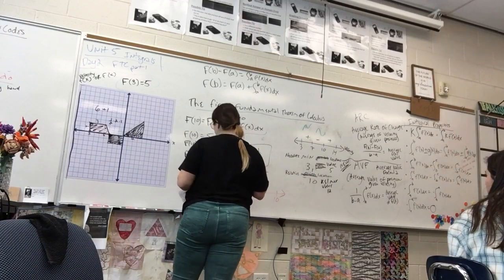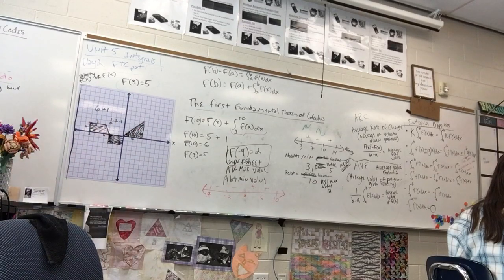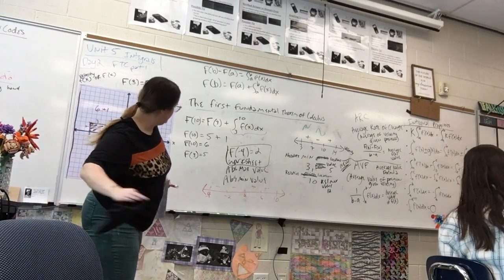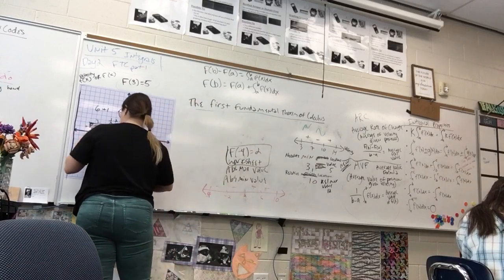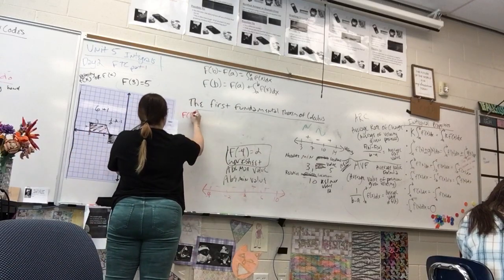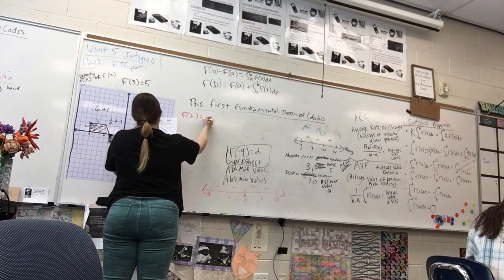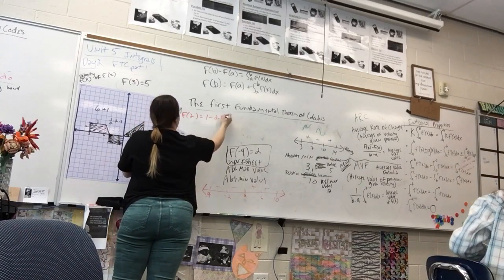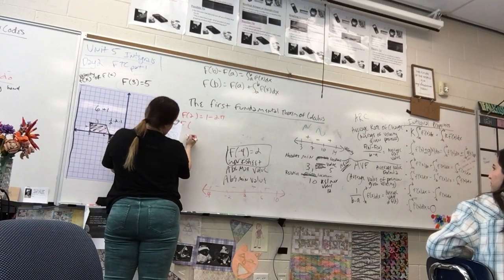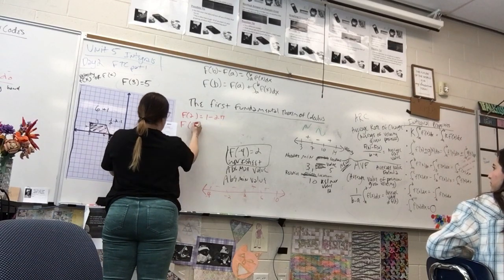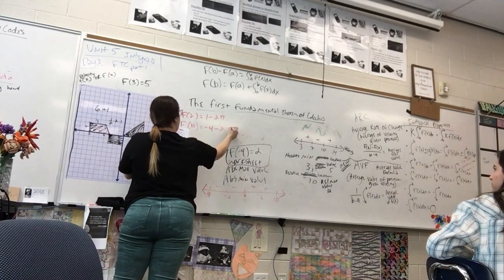Okay, so for the one from the worksheet, I got F of 2 is 1 minus 2 pi. I got F of 10 is negative 4 minus 2 pi.